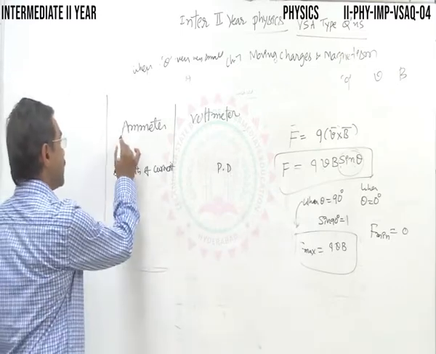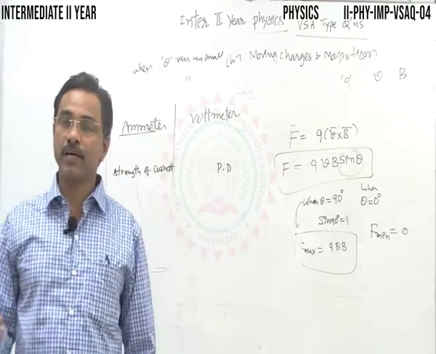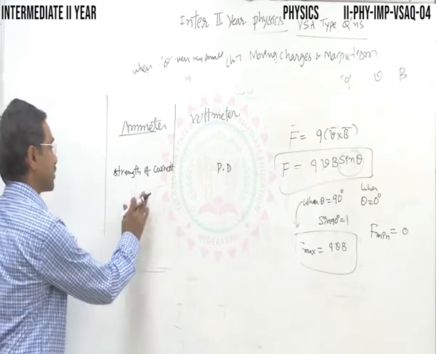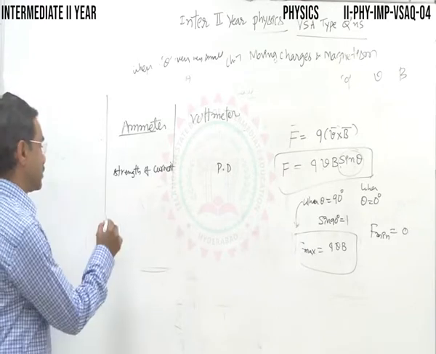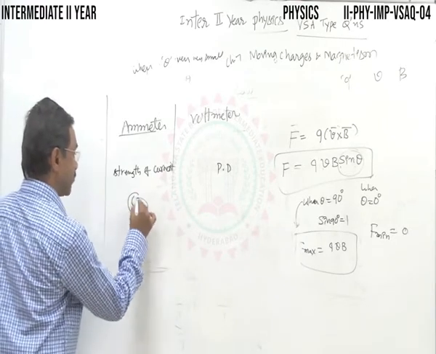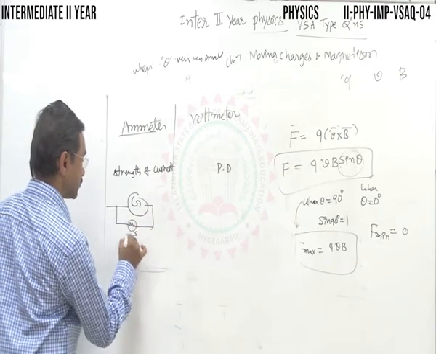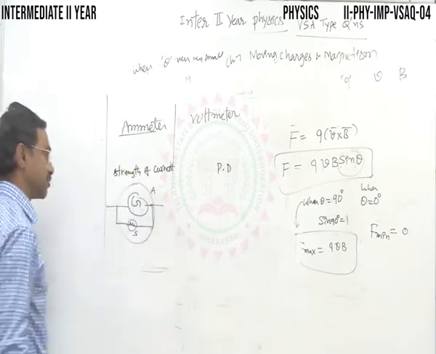An ammeter is obtained by connecting a small resistance, called shunt resistance, across a galvanometer. So the shunted galvanometer behaves like an ammeter. This is the shunt resistance, right? This entire device, the shunted galvanometer, behaves like an ammeter.